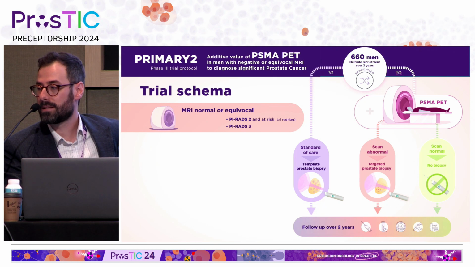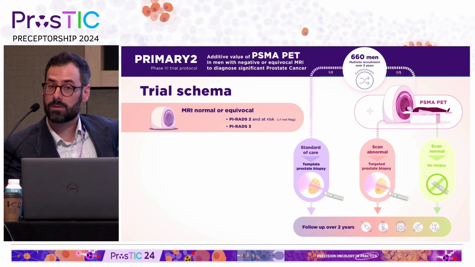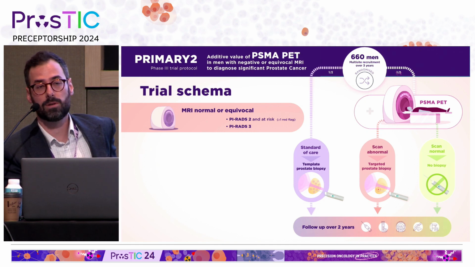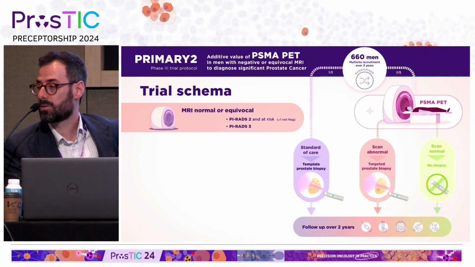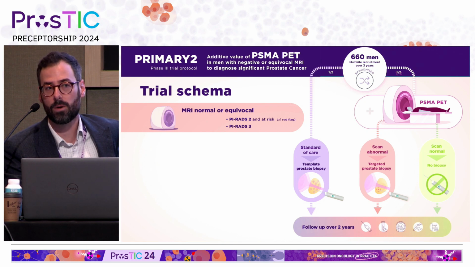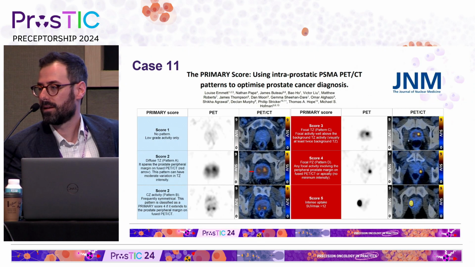Otherwise, to the right, in the PSMA PET arm, they'll have the PSMA PET. If it's normal, then we can trust that. Like in Dan's presentation this morning, there's a very high NPV, so we can safely avoid biopsy. And if it is abnormal, very high sensitivity of 97%, so we go on to get those biopsies.